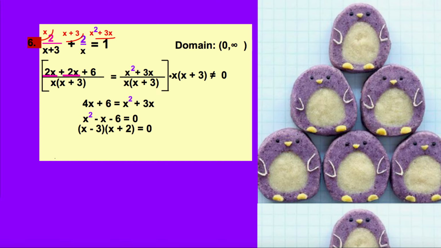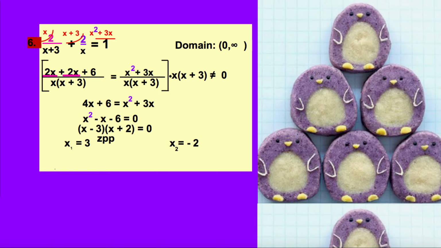This is equivalent to the quantity x minus 3 times the quantity x plus 2 equals 0. Utilizing the zero product property, we obtain x1 is equal to 3 and x2 is equal to negative 2. x1 equals 3 belongs to the domain open interval 0 infinity, while x2 equals negative 2 does not.